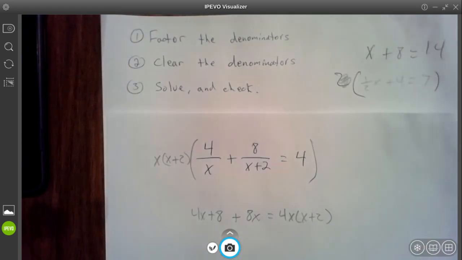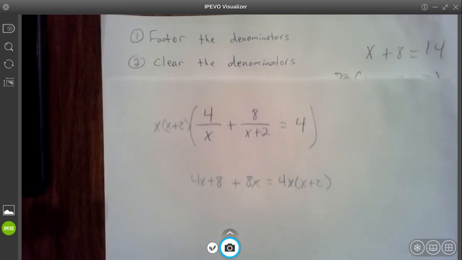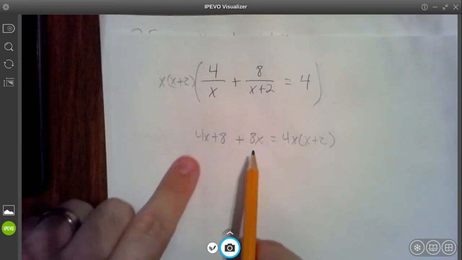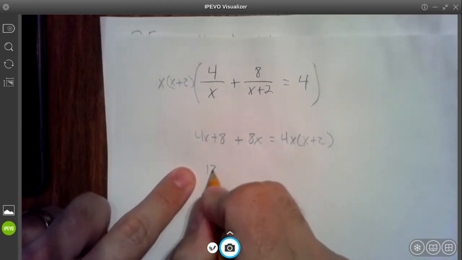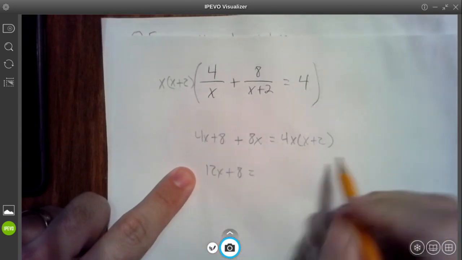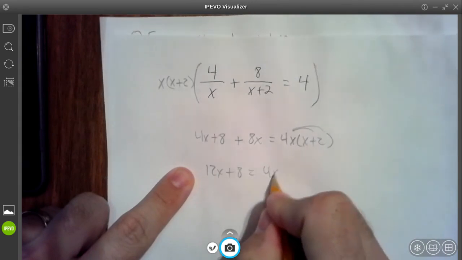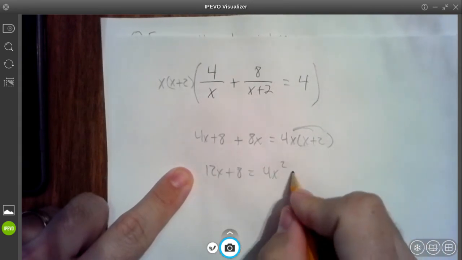Now that you've got the denominators taken care of, you're just going to solve whatever leftover equation you have, using general equation solving strategies. Combine like terms, 12x plus 8. Distribute, 4x squared, 4x times 2 is an 8x.